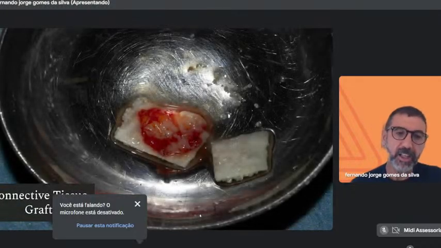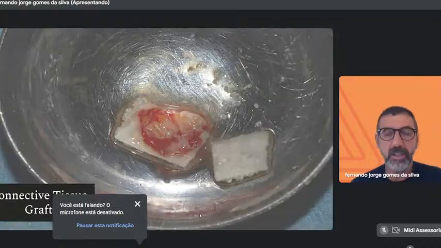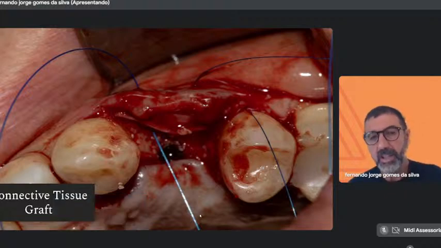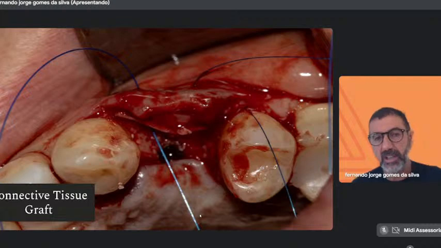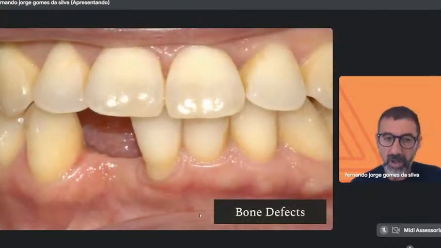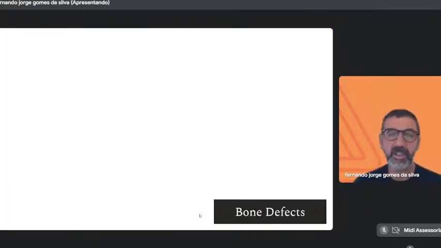I made a connective tissue graft with collagen membrane after the implant placement. At the same time, I made a sandwich technique to fix it and promote more volume at this region. In the lower jaw, where the phenotype of the gingiva is different, more thin, I also used the same technique.